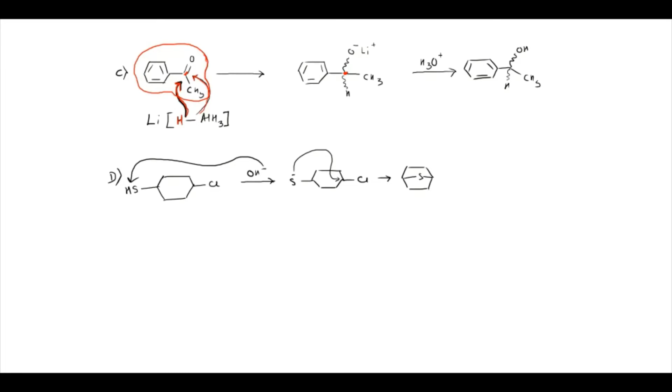That means it may give 2 different kinds of enantiomer in 50% yield, which means a racemization or a racemic mixture. So this reaction is basically an addition reaction which is giving a racemized product.